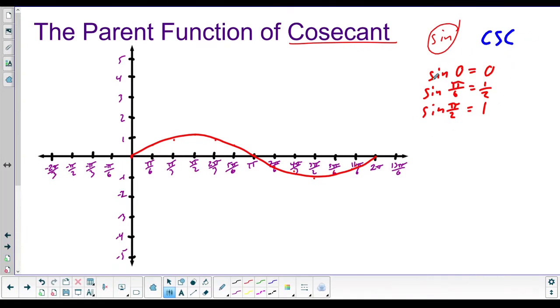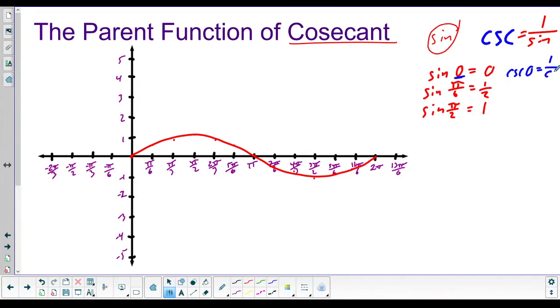So cosecant is 1 divided by sine. So what we're going to do is for cosecant, of these. So cosecant of 0 is 1 divided by the value of sine at that same angle.